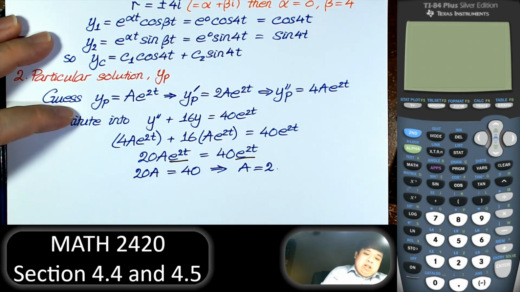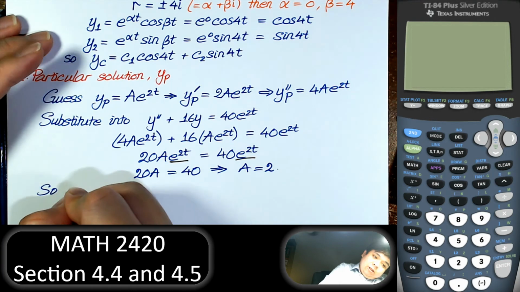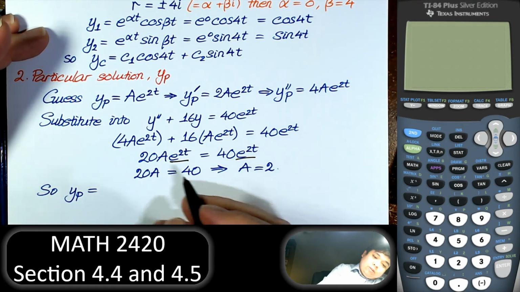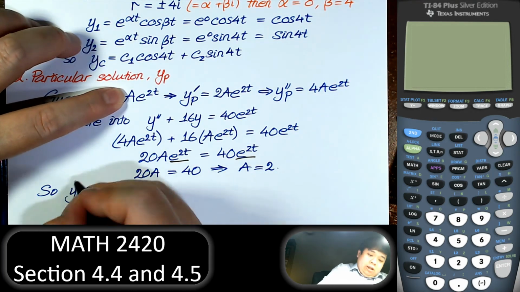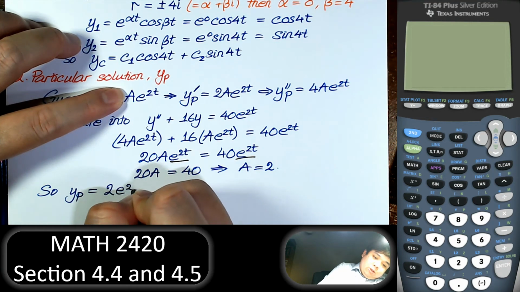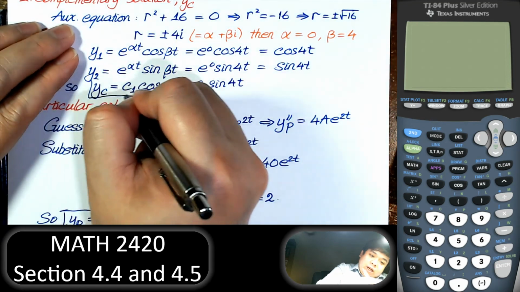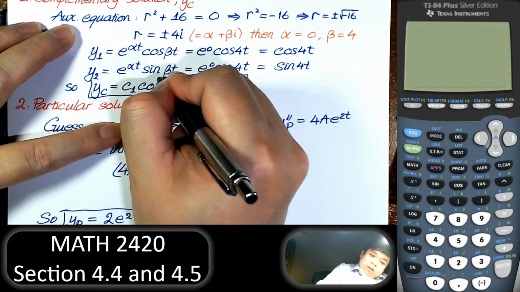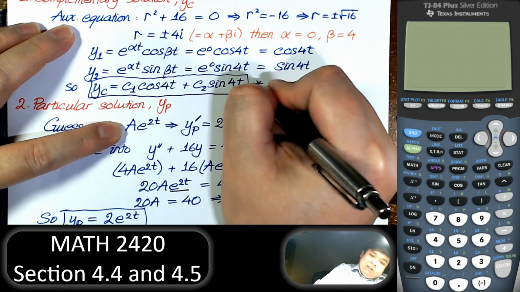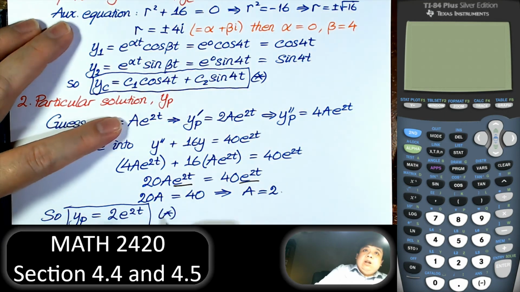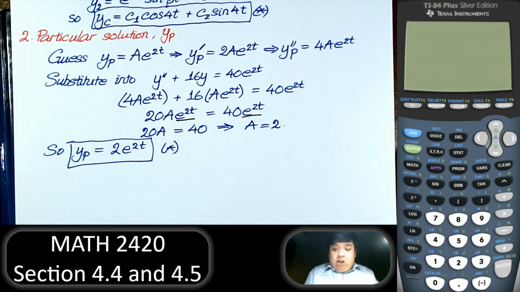So we have the particular solution, a is 2, so 2 e to the 2t. So that's the particular solution, and this is the complementary solution. Combine them, we have a general solution.